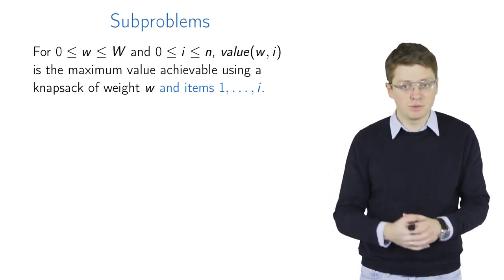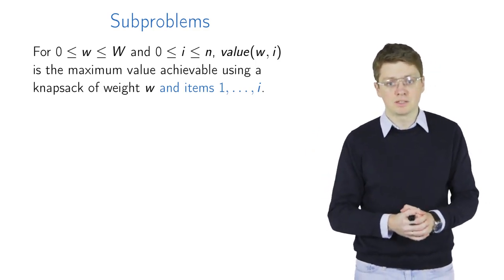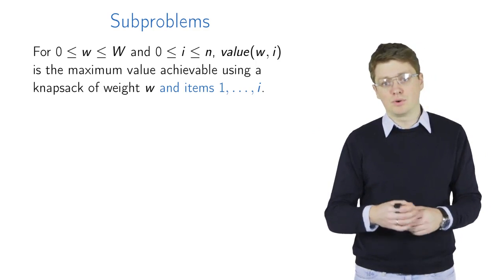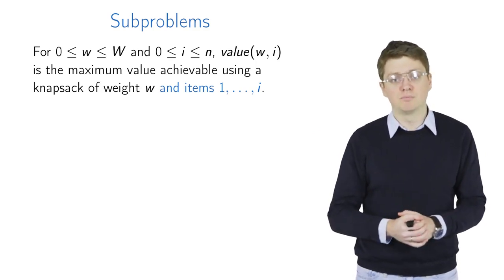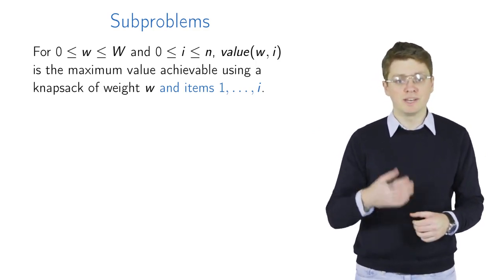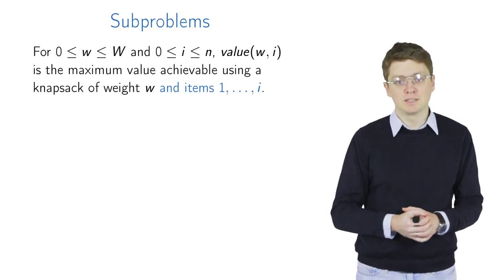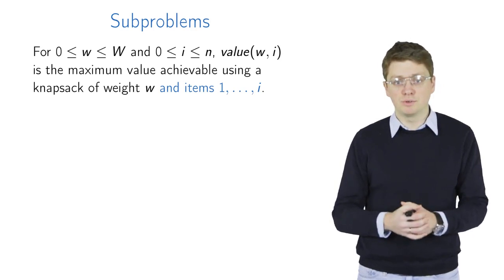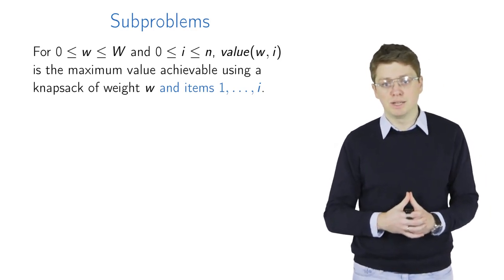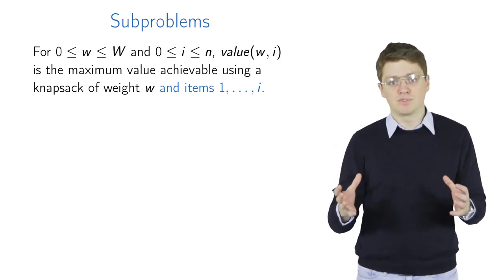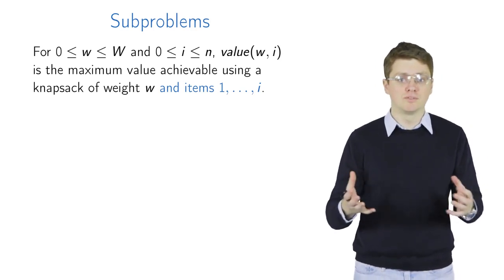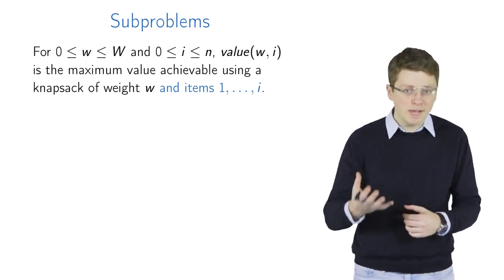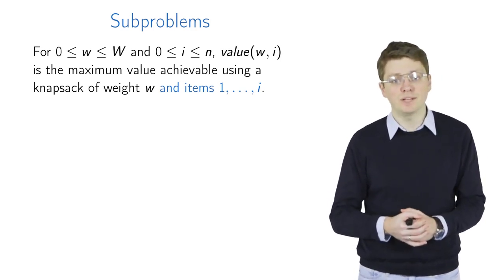Let's just use this as a definition of our subproblem. Namely, for any W from 0 to capital W and for any i from 0 to n, let's denote by value(W, i) the maximal value that can be achieved by using only items from 1 to i and whose total weight is at most W.